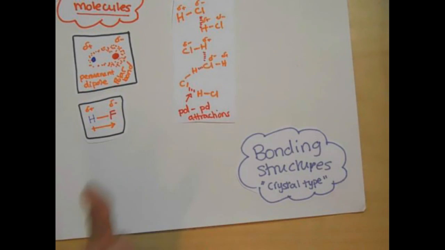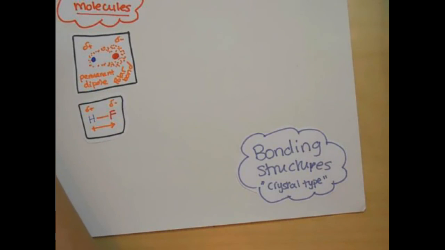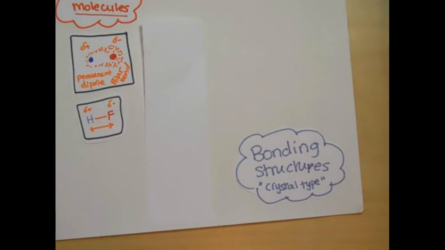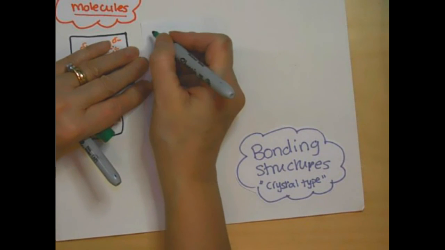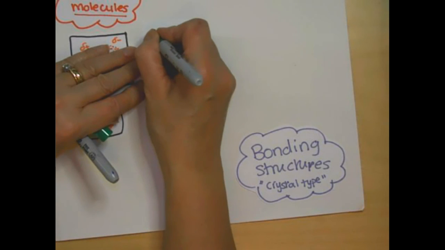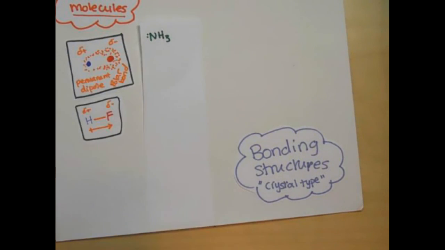Now, we've got a special case of these permanent dipole attractions, and there's only a few molecules that show that attraction. So those molecules are on the top row, and it's nitrogen, so NH3, and they've got a lone pair of electrons.